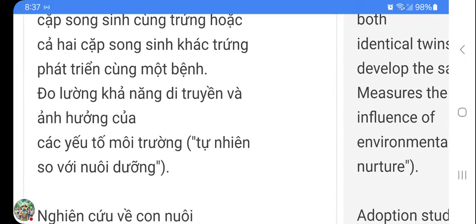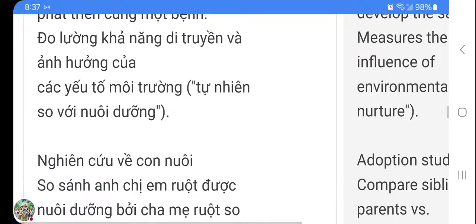That stands for nature versus nurture. Nature, which we talk about genetics, and nurture, we talk about environmental factors, education, the way they grow up, go to school, interact with people, and develop behaviors and things like that. So that's about the twin concordance study, about monozygotic twins or dizygotic twins.